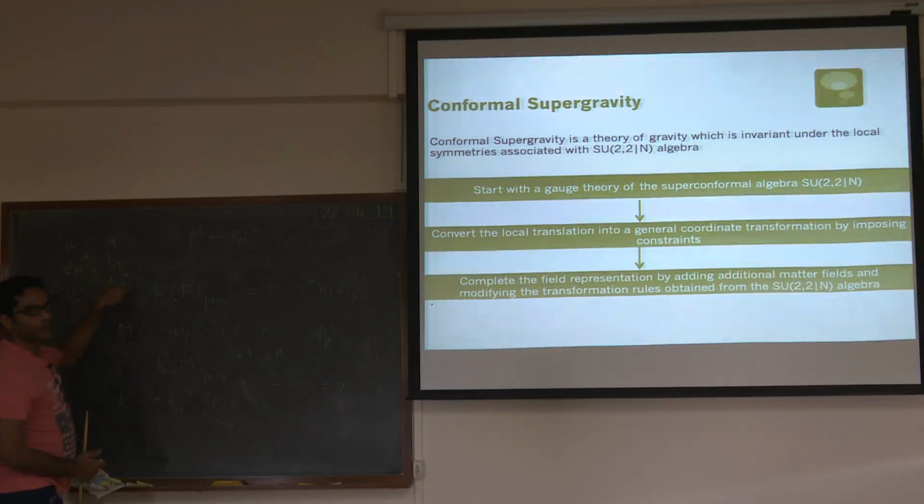So, this is just naive counting of the number of components, and then you have the symmetries. So, diffeomorphism you have 4, local Lorentz transformation you have 6, dilatation you have 1, SU(2) you have 3, and U(1) you have 1. So, that is basically 6, 4, 10, 11, 14, 15.